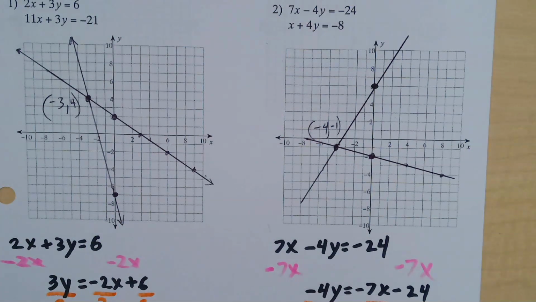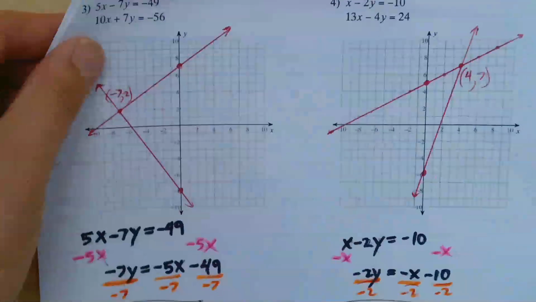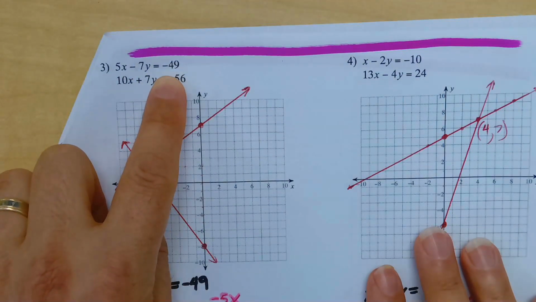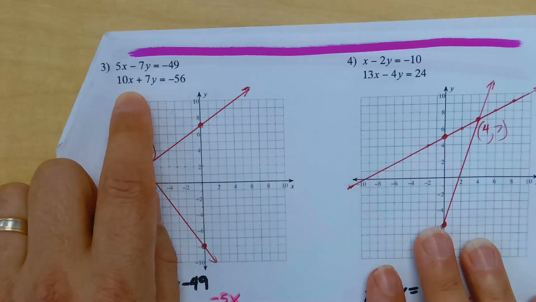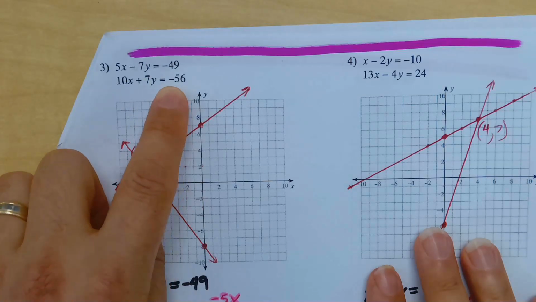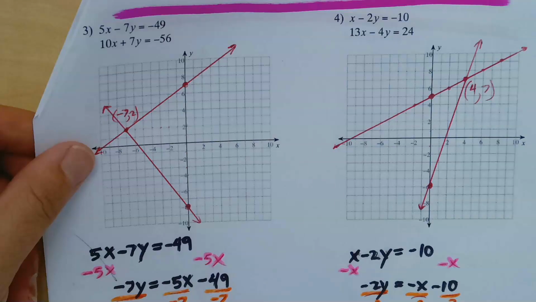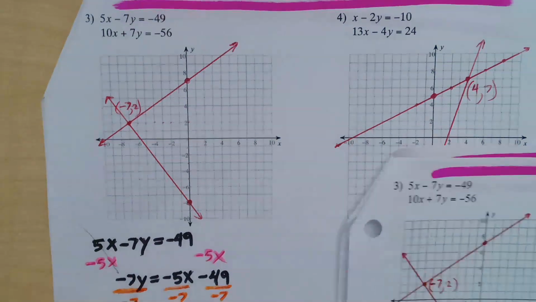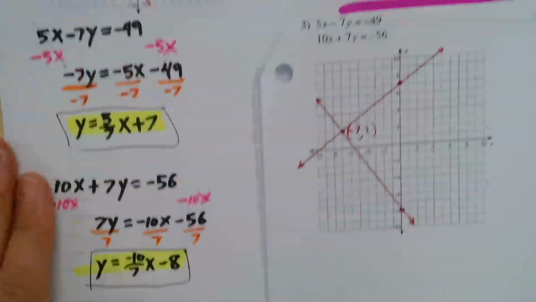Let's look at the next page. I'm going to mostly just show the answer and talk it through. So we've got these two equations, 5x minus 7y equals negative 49, and 10x plus 7y equals negative 56. So here's number 3.